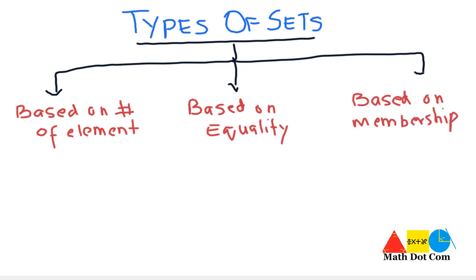Now let's see what these different types are. Based on the number of elements, sets are divided into four types.